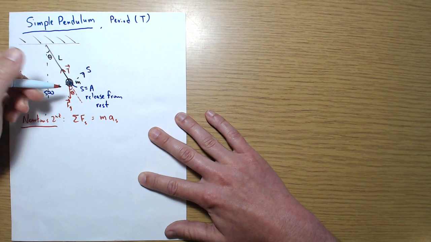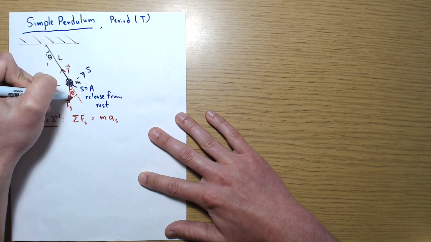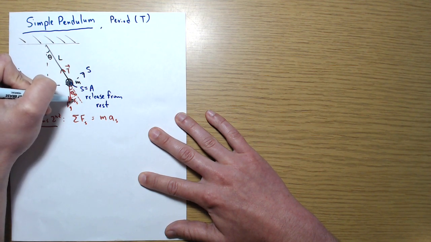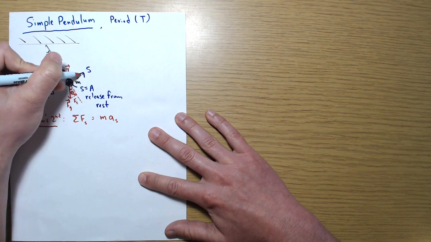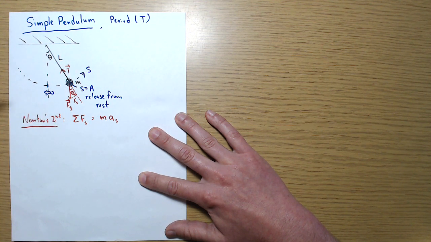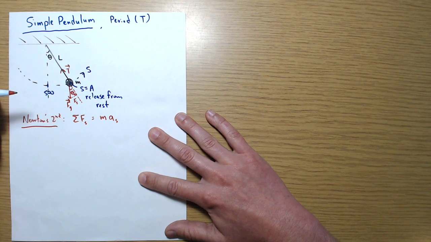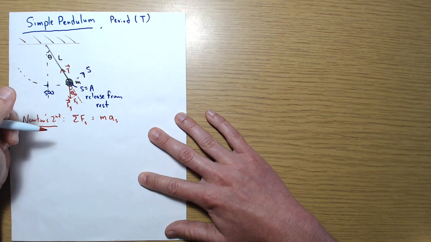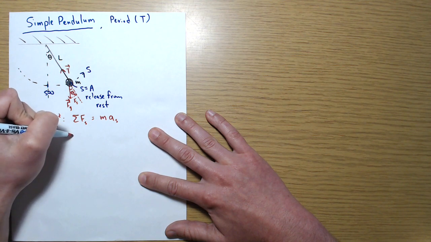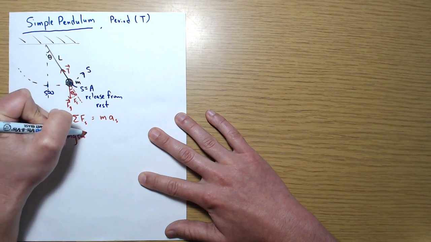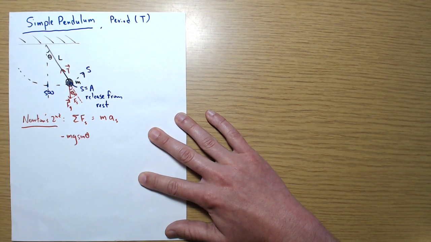Now, in the S direction, I actually only have one force, and that is just the component of the force of gravity, F sub S, which points in the negative S direction. That's going to be related to F sub G by a sign. So what I have here is F sub S equals negative mg sine theta, and there's a negative sign because it's pointing in the negative S direction.